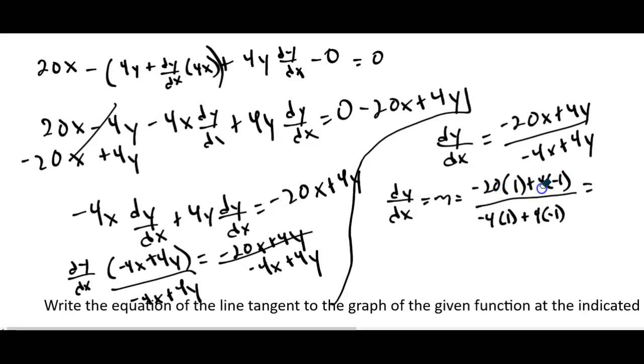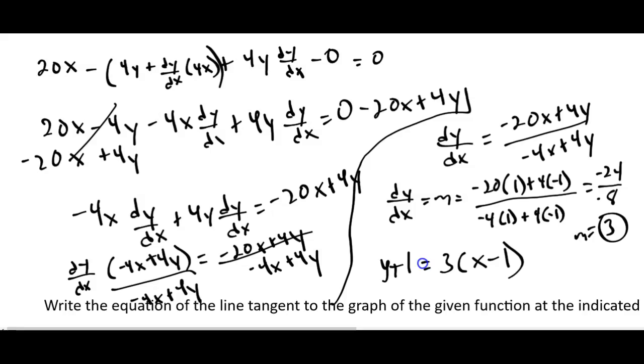So that's negative 20 minus 4, and that's negative 4 minus 4, which equals 3. This is m. So y minus, or in this case plus y1 equals m times x minus 1. There's our equation of our tangent line right there.